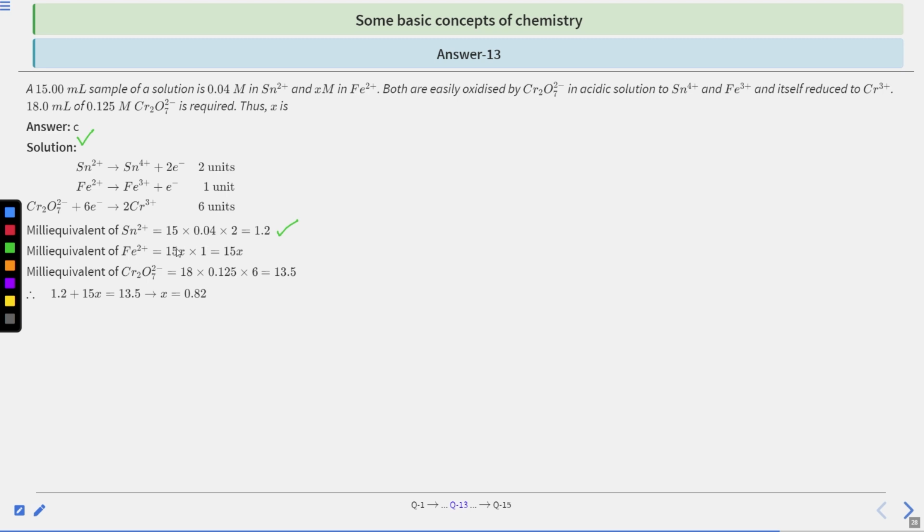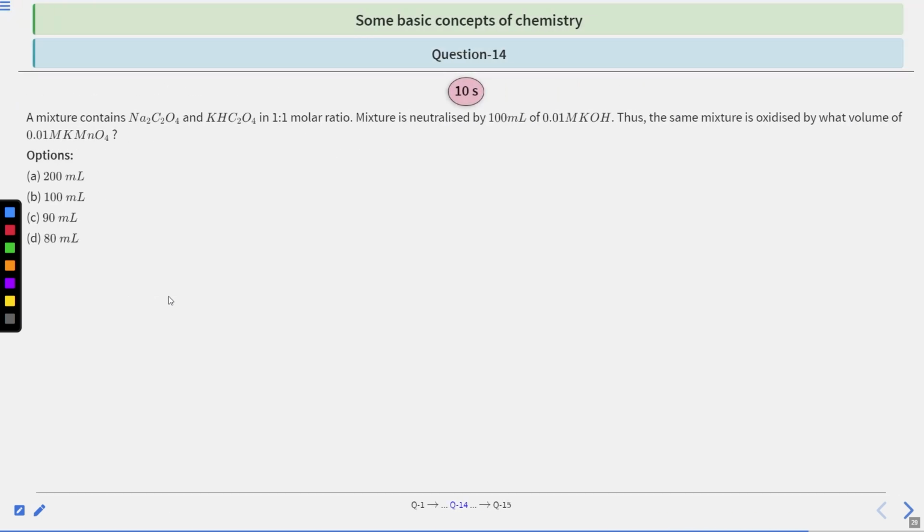The milliequivalent of Fe2+ will be 15 multiplied by X multiplied by 1, because X is the molarity of the iron solution. So it is coming out as 15X. The milliequivalent of Cr2O7 2- will be 18 multiplied by 0.125, that is its molarity, multiplied by 6, the number of electrons exchanged, and it is coming out as 13.5. So the total will be 1.2 plus 15X equal to 13.5, and X is coming out as 0.82. Hence, option C will be the correct answer.